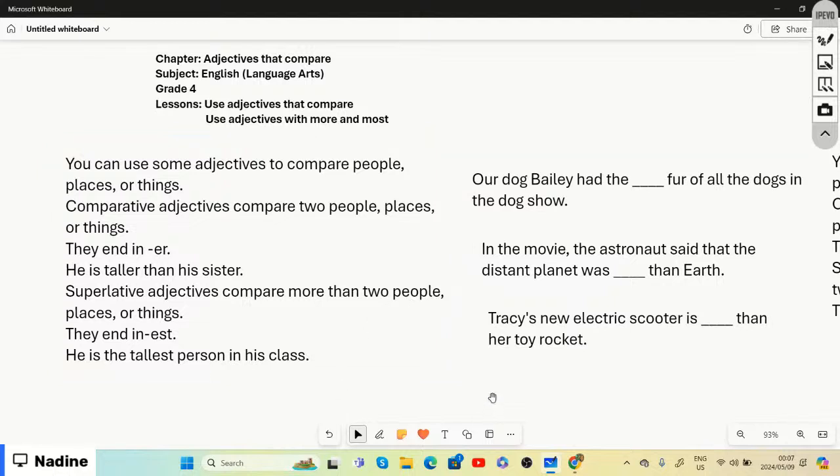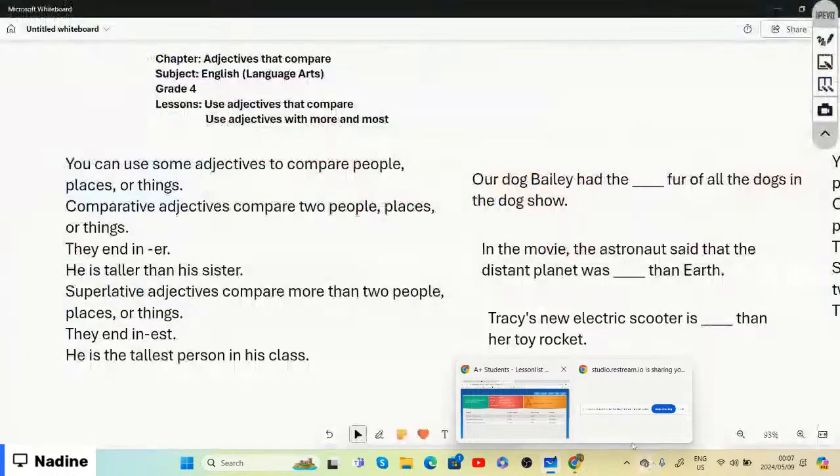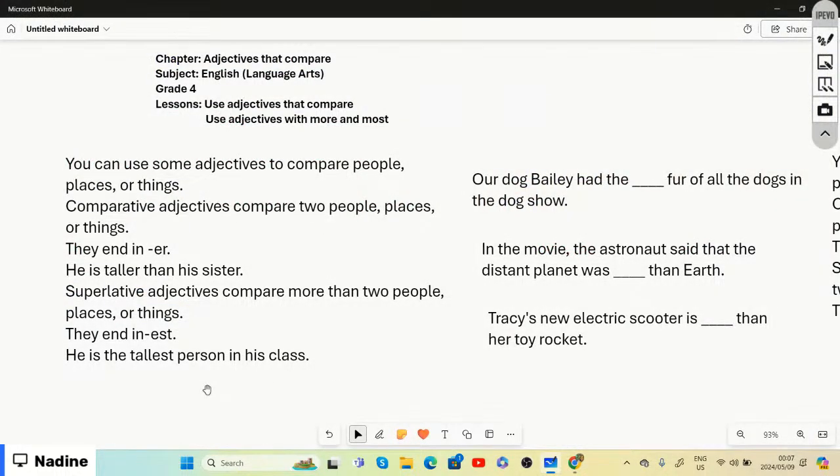All right. In our previous lesson, we also did adjectives that compare. But now we're mainly going to focus on adjectives with more and most. So this is basically a continuation of our previous lesson on adjectives that compare.